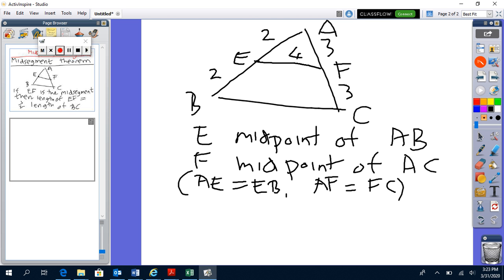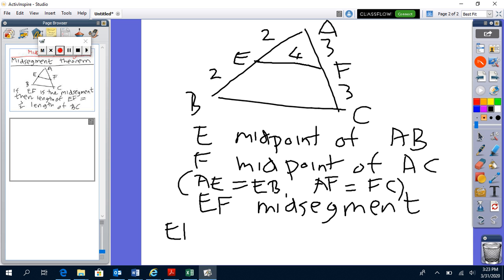So because of this, EF must be a mid-segment because it joins the two midpoints. Okay, so EF is the mid-segment. So what does that mean? It means that the length of EF is half the length of BC.